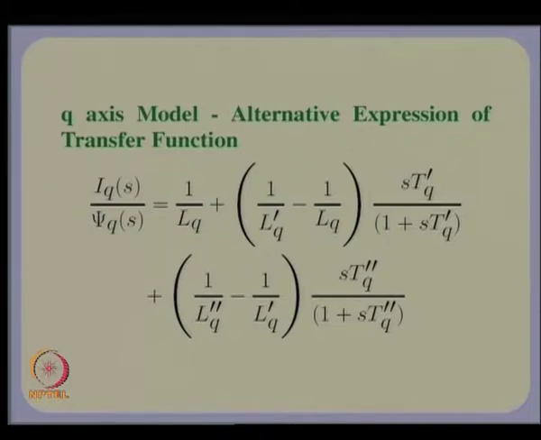So, this transfer function, the reciprocal of the earlier transfer function, is written in terms of LQ dash, LQ double dash, the time constants TQ dash, TQ double dash and LQ.